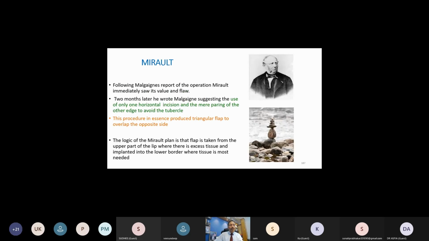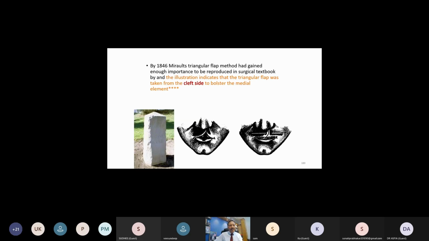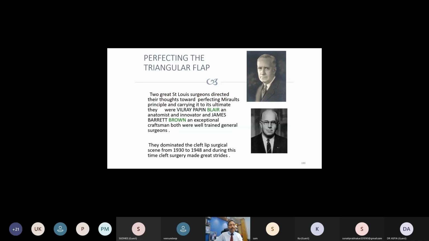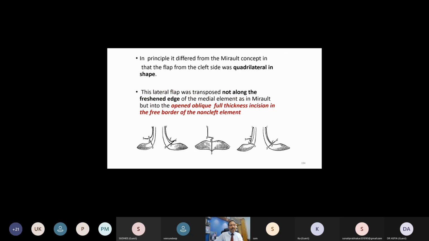Then Mirault, he started using one horizontal incision and paring of the other rays to avoid the tubercle. This procedure, in a sense, produced a triangular flap to overlap the opposite side. Now, quickly moving through this.